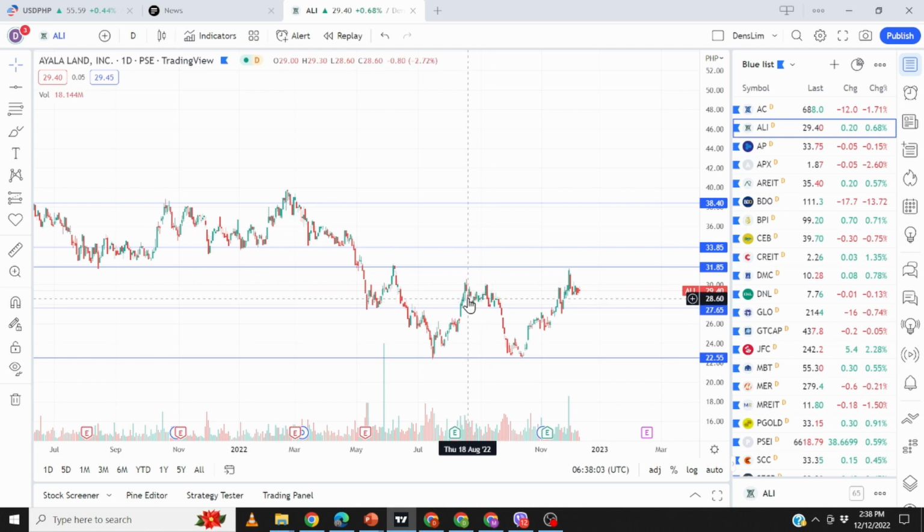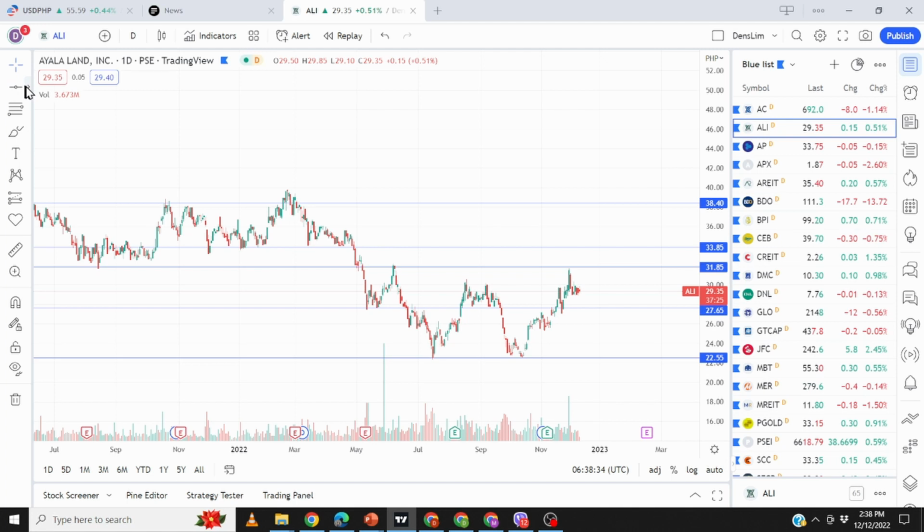There was a battle between buyers and sellers. Buyers buying here, sellers selling here at a range. They were battling each other for the whole August until September, until eventually the sellers won and pushed the price back down to support. And here, buyers were willing to pick up Ayala Land at 22, and it broke resistance again. Now it became support, and it's testing resistance again.